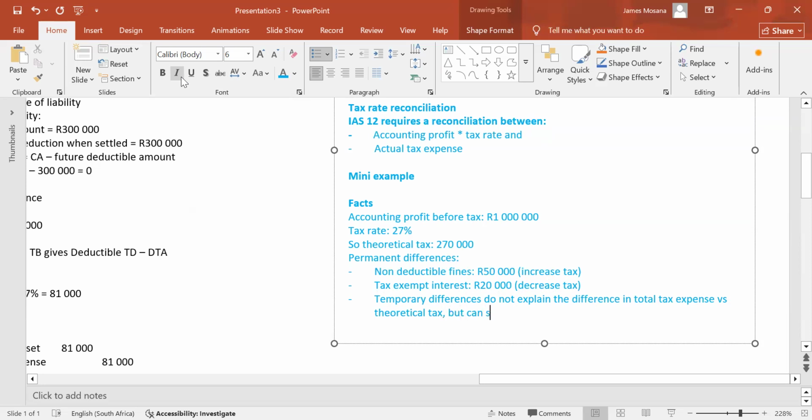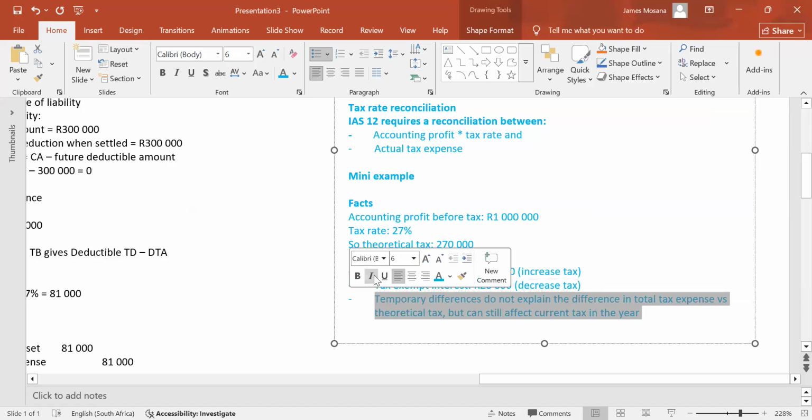But they can still affect the current tax in the year. So we don't really care about them, right?